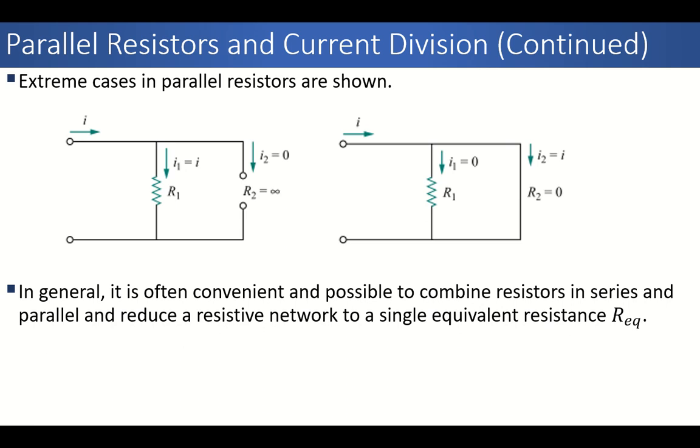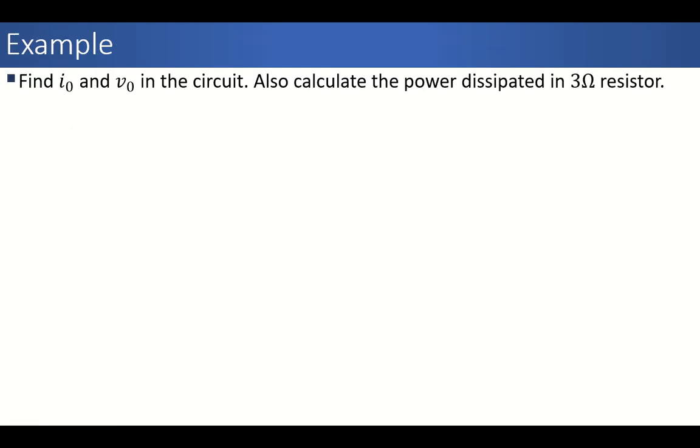Just like we have seen in the previous example, we can simplify the network when the resistances are either in parallel or in series, and replace the whole network with a simple resistor whose value is R equivalent. Let's see an example.